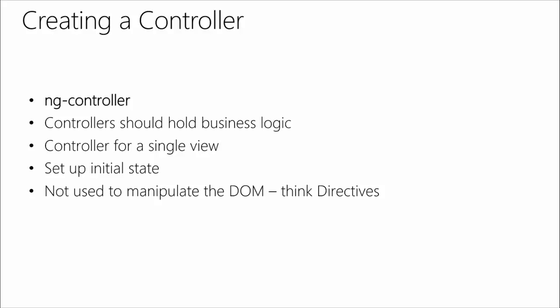You can have a controller for a single view. Now, remember, a view necessarily isn't the entire page. A view could be a list element item, that small section where we want the controller to be relevant. That's scope, essentially. It can be as small as one little thing, like a button, for example. It can be a section, any of those kinds of things. Controllers often will set up the initial state for those items, right?